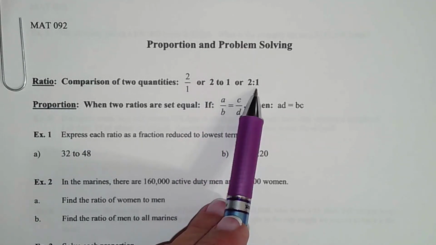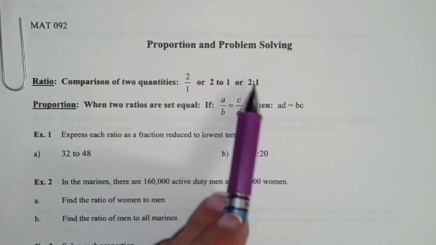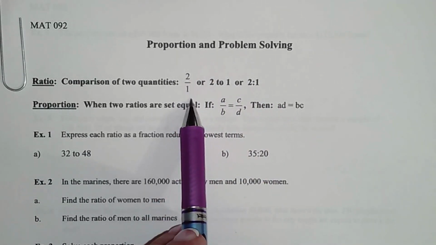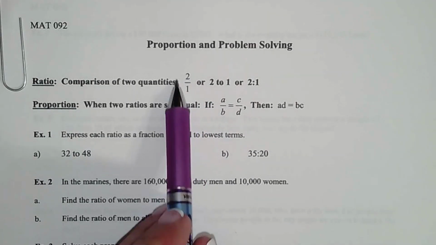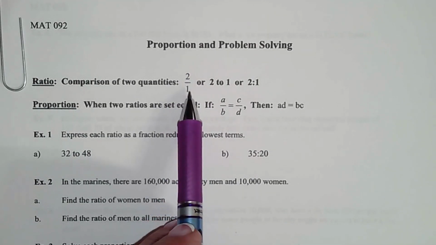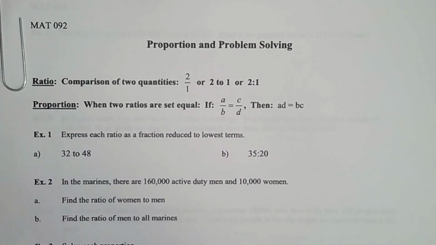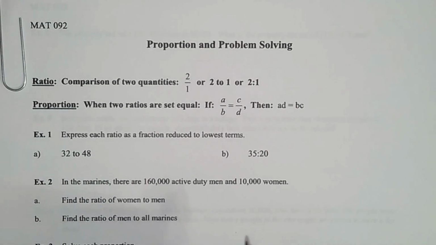There's 3 ways to write ratios: 2/1, 2 to 1, or 2:1. So those are all ways to write ratios, but in math, unless we're doing odds or something like that, we usually go with the fraction. So set 2 fractions or 2 ratios equal, and we get what's called a proportion, and because there's an equal sign, that means we have to be able to solve it.